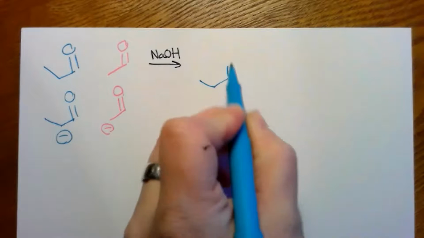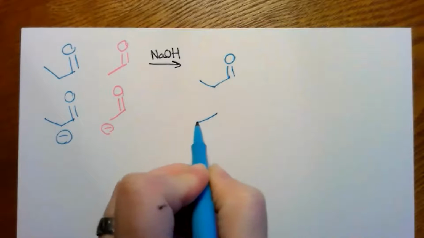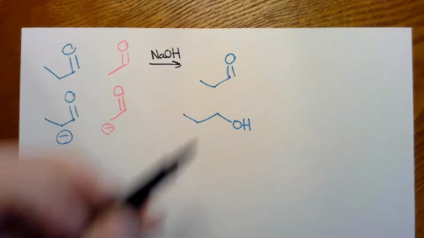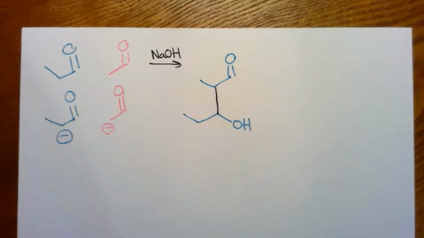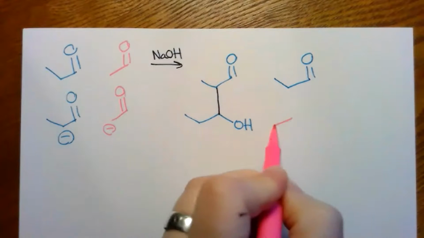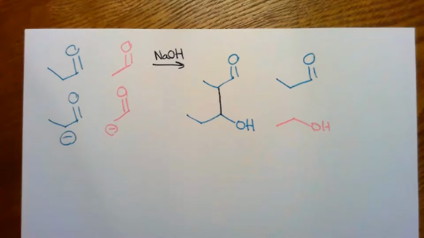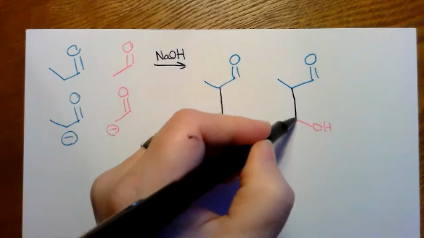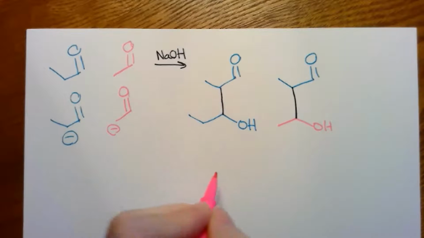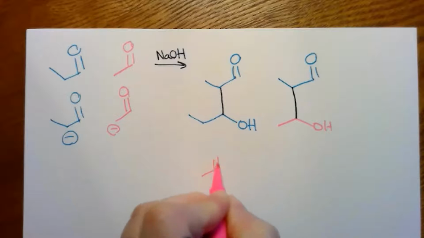Uh-huh. So if I have blue enolate attacking blue aldehyde, I get that product. If I have blue enolate attacking pink aldehyde, I get this product as my beta hydroxyaldehydes. That's if blue is the enolate. What if pink is the enolate?